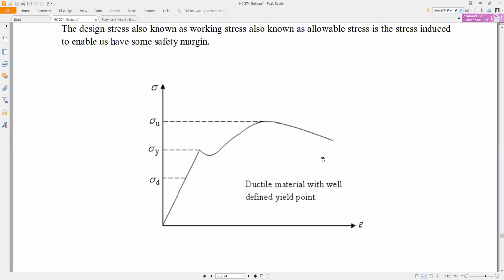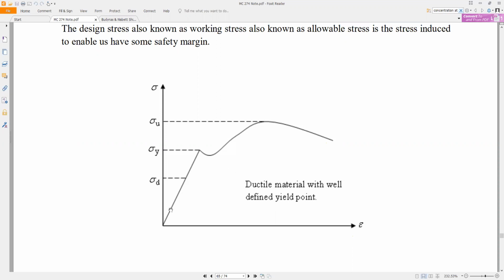All the materials that we have have what we call the yield stress, and then the ultimate stress. When the stress in the material exceeds the ultimate stress, breaking may occur.